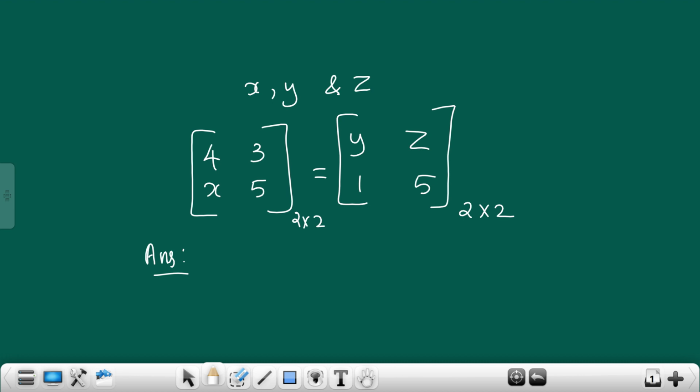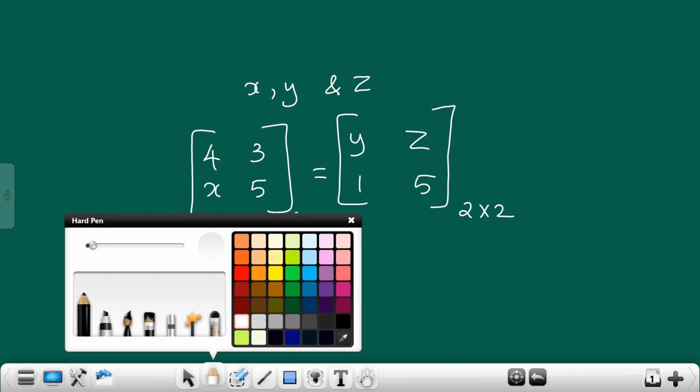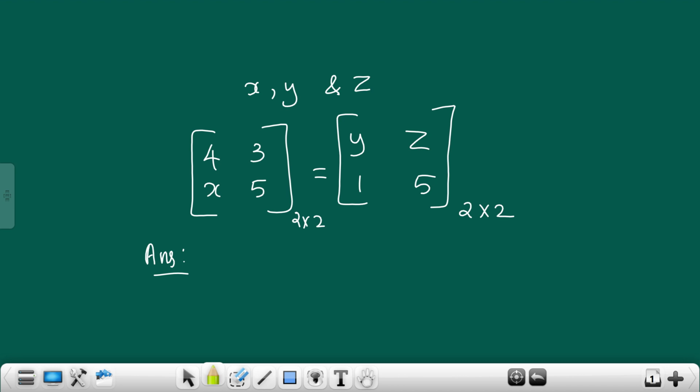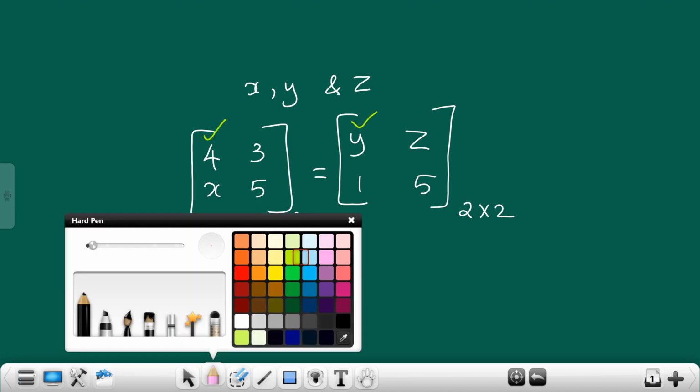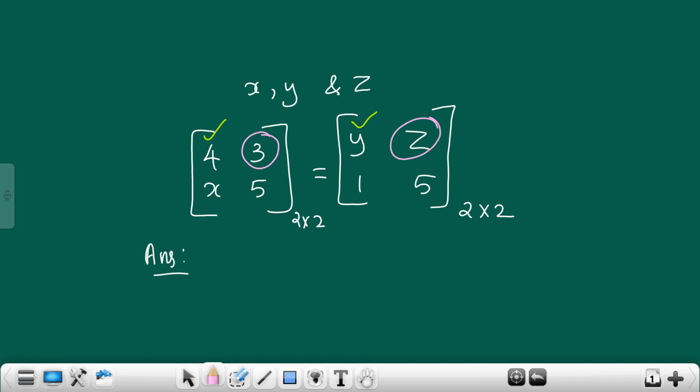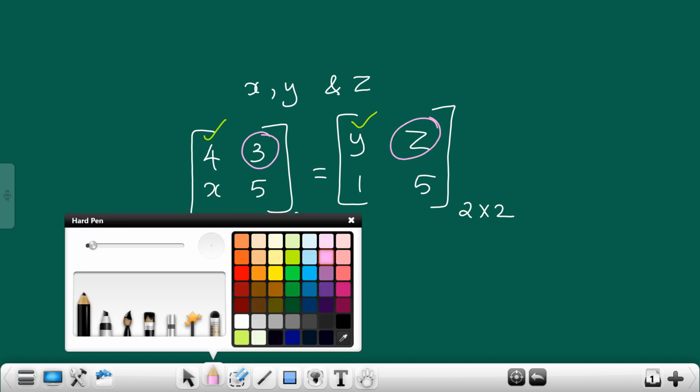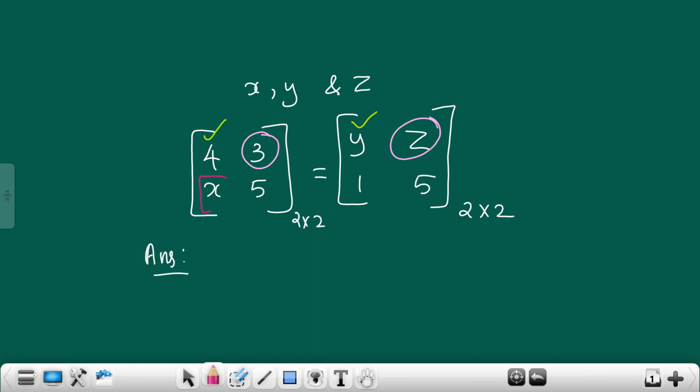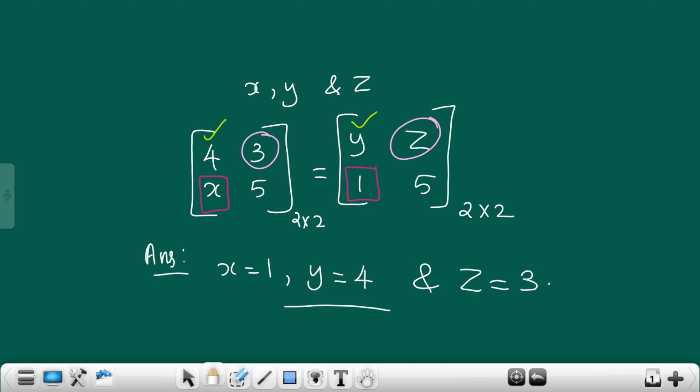The second condition is that the corresponding elements are equal. So we can easily write 4 and y are equal, 3 and z are equal, x and 1 are equal. So our answer is x equal to 1, y equal to 4 and z equal to 3.